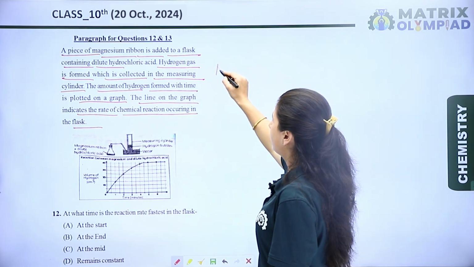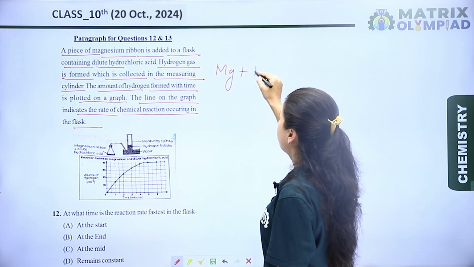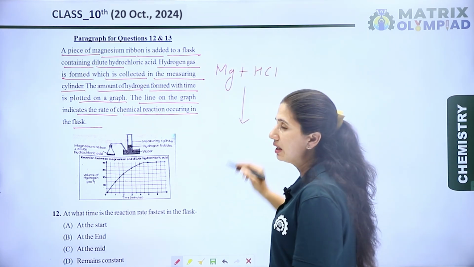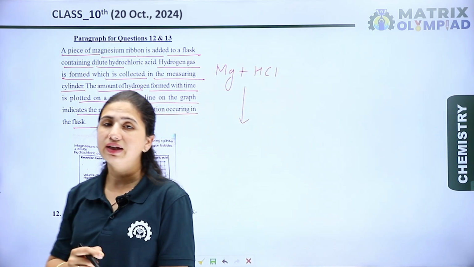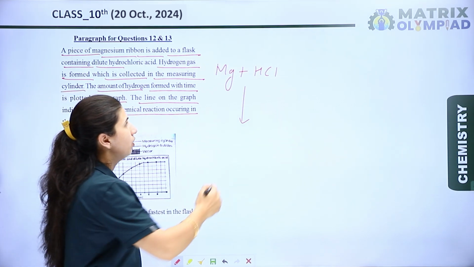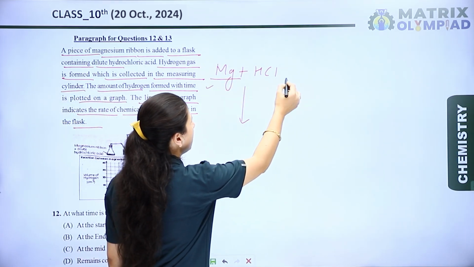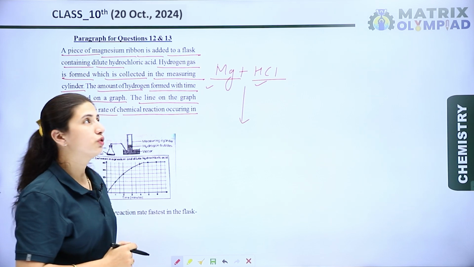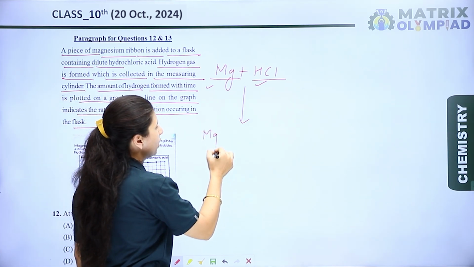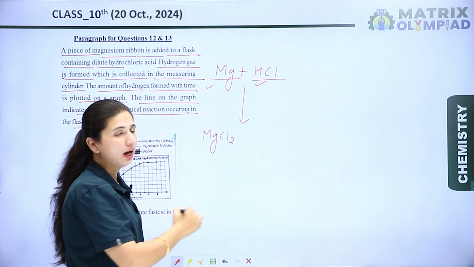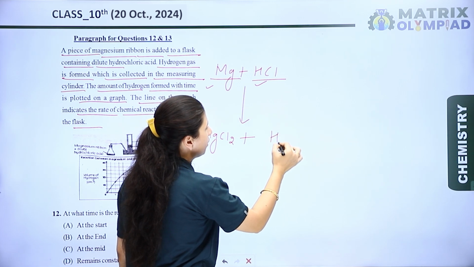Basically, if we discuss the reaction, when we react the magnesium ribbon with HCl, magnesium is a metal and HCl is an acid. When any metal reacts with any acid, it produces a salt along with hydrogen gas.